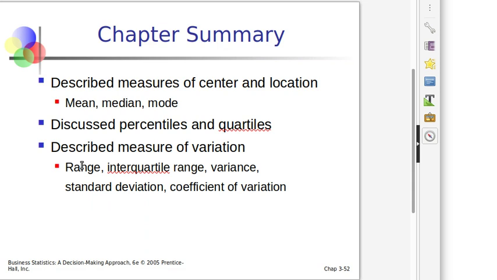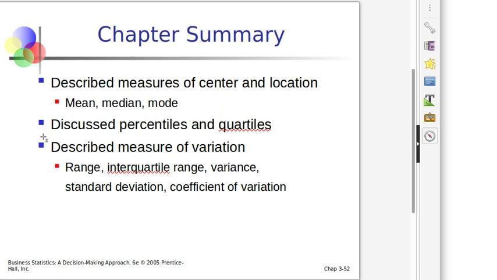Now, chapter summary. We have described so far the measures of center and location, or the central tendency, where the center of a data set may be located using the mean, the median, and the mode.